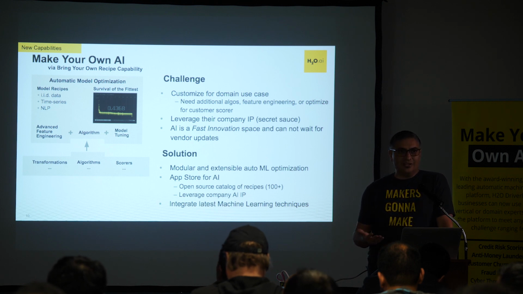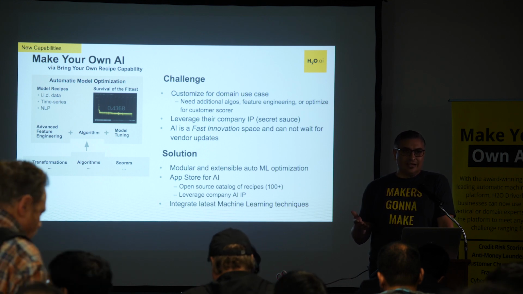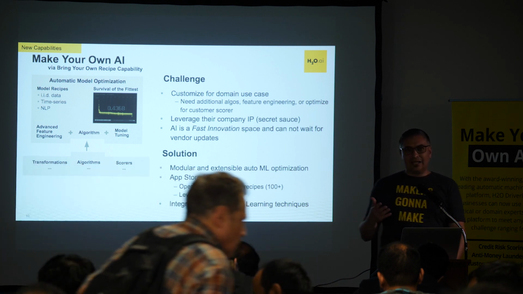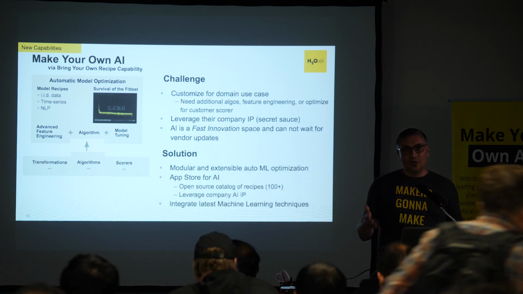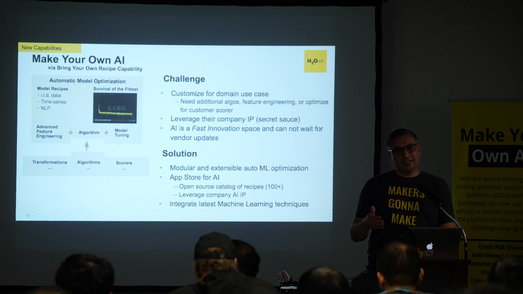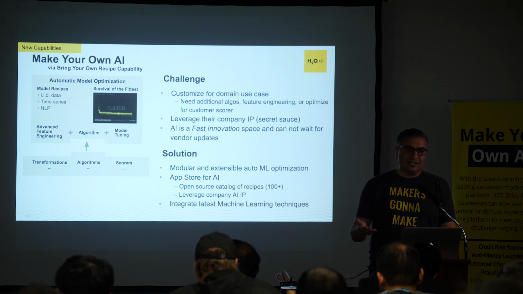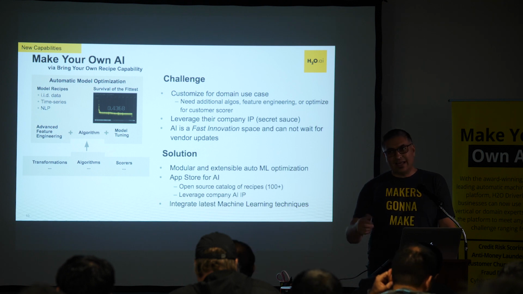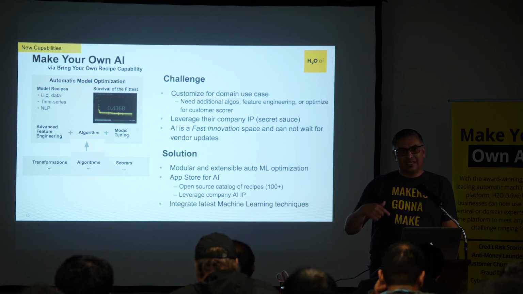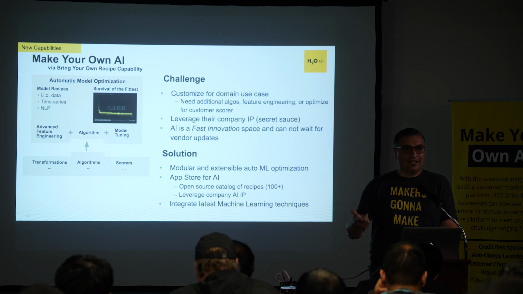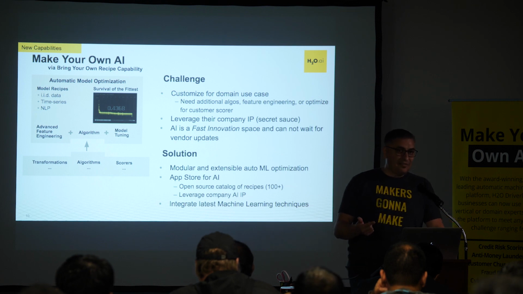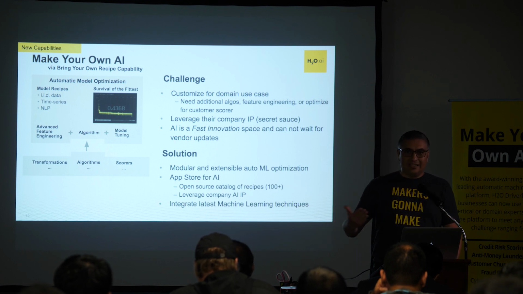And so this gives you a modular and extensible automatic machine learning platform, but with those customizations, not only is it extensible, it's also open. And part of the open is that we put many of these additional customizations out in the open source. So tonight, as you work through the exercise, we'll hit the H2O.ai catalog, look at some recipes that we have in the open source, and plug them in and extend the automatic machine learning capability.